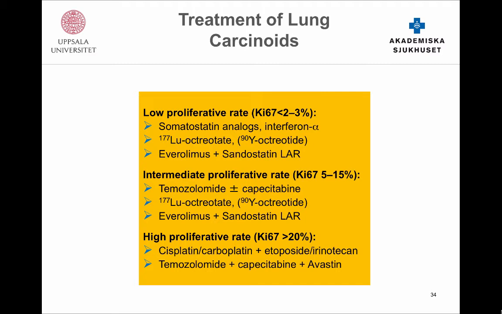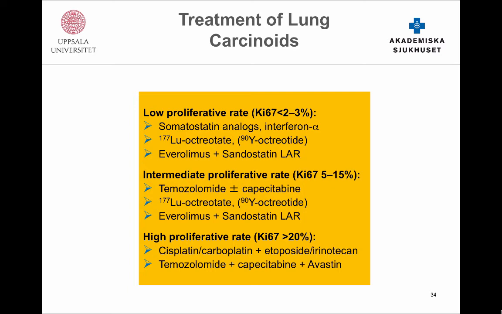I didn't talk so much about interferon alpha because it's not used so much here in the US, but we have in the room a patient that has been taking it for 18 years, and she is in excellent condition and has no tumor growth. We know from our patients in Europe that it's an active compound for these low proliferative tumors.